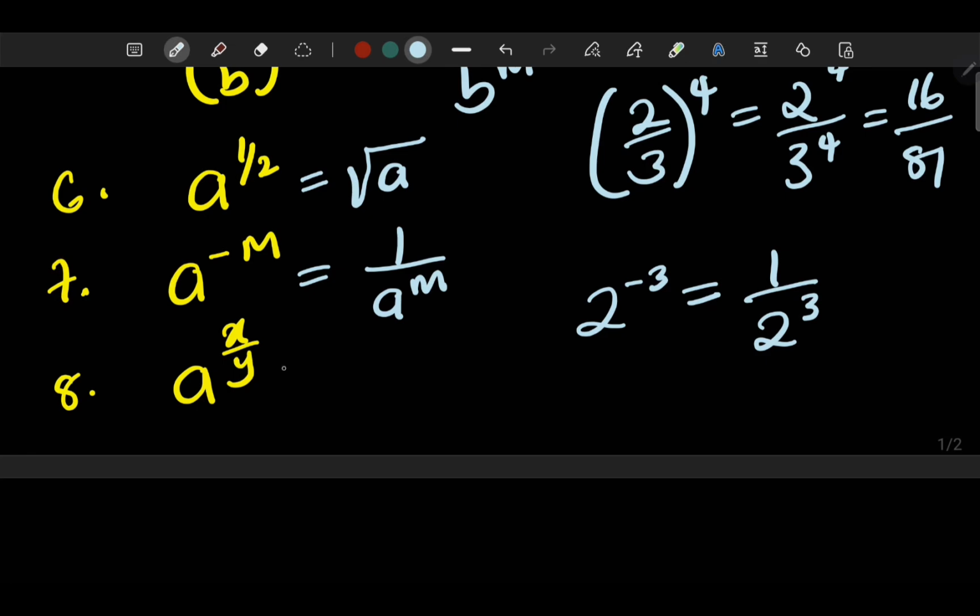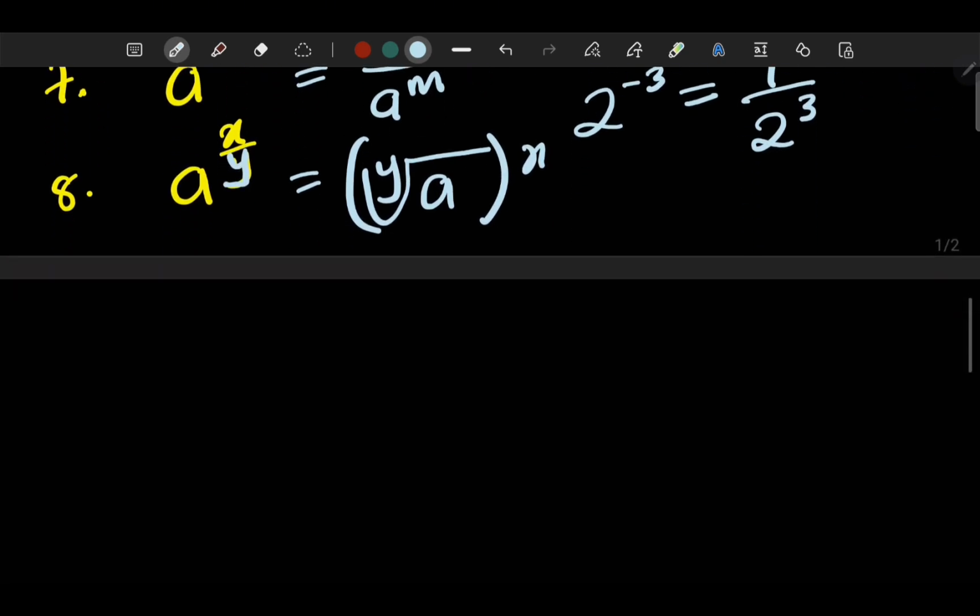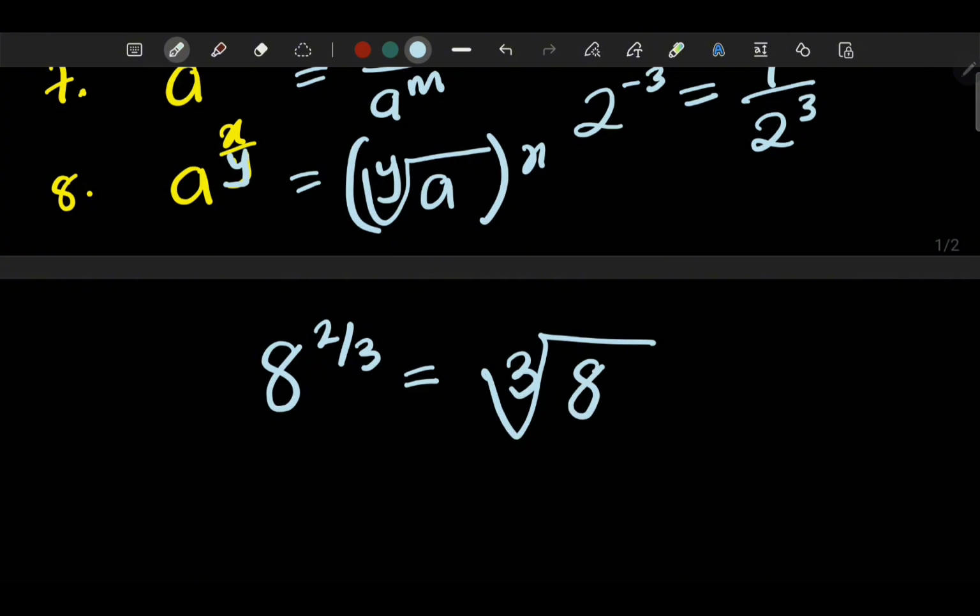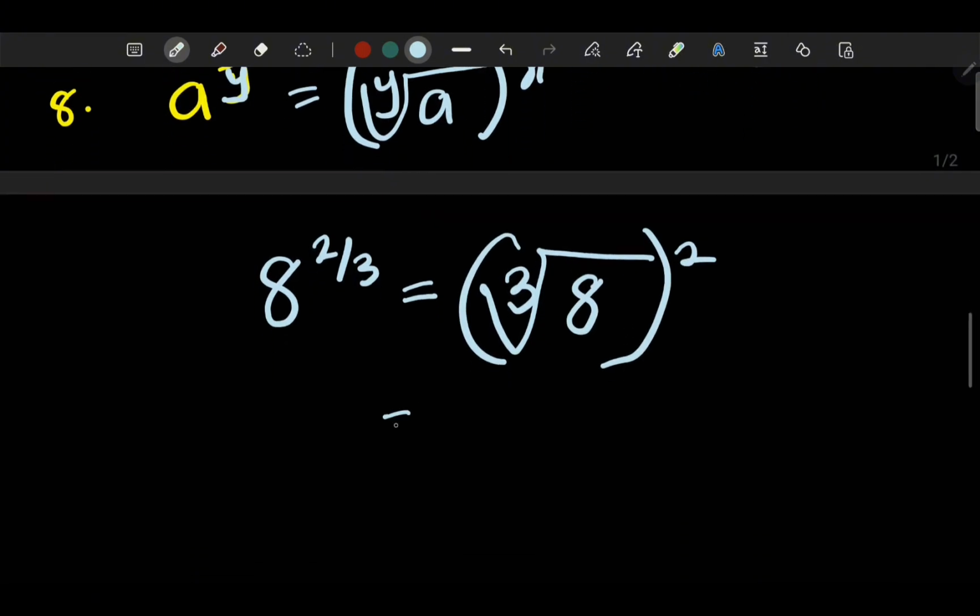And when the power is a fraction like x over y, it means the denominator y becomes the root. That becomes the y-th root of A, then to the power of x. For instance, if I'm given this problem to solve, 8 raised to the power of 2 over 3, and I want to simplify this, it means the cube root, the denominator comes as a root, then 8 raised to the power of 2.